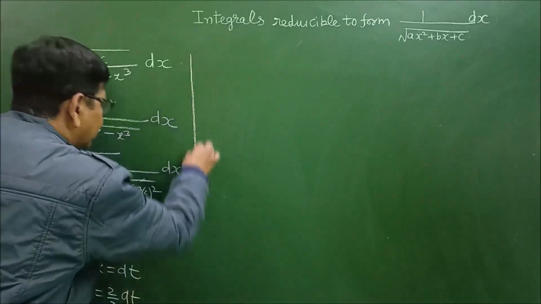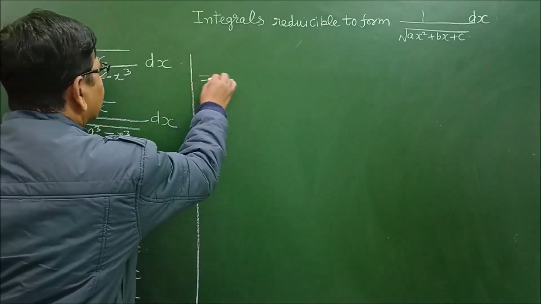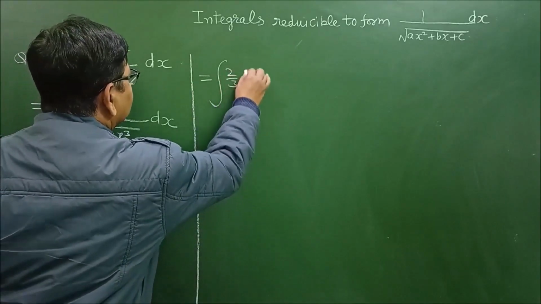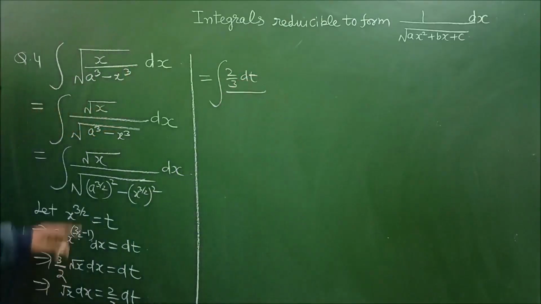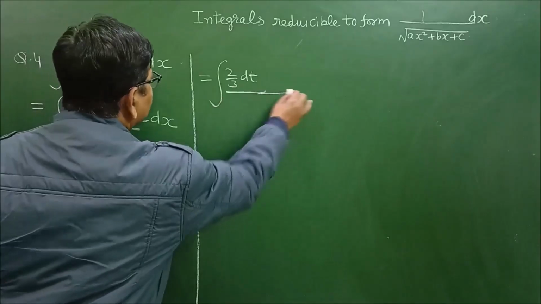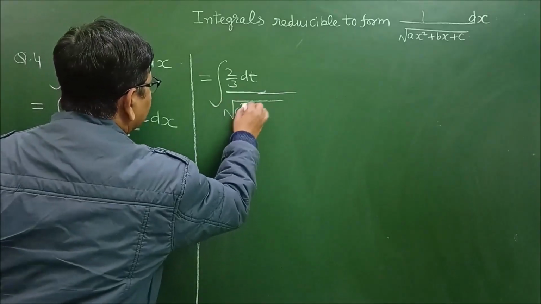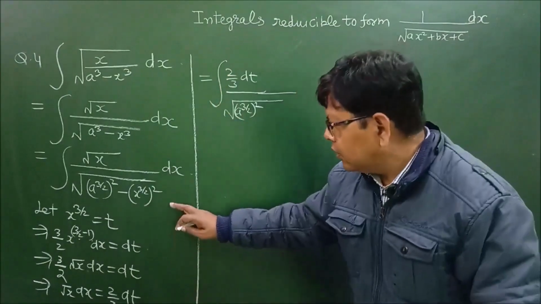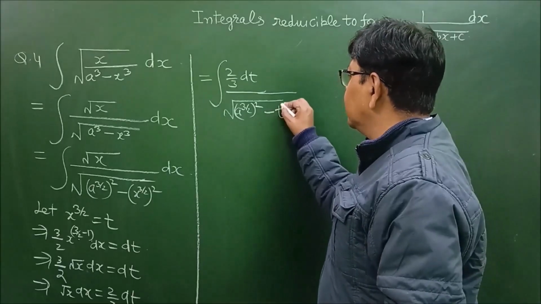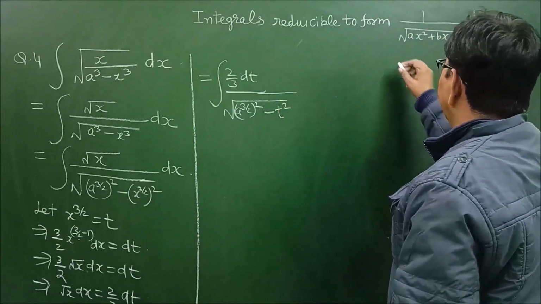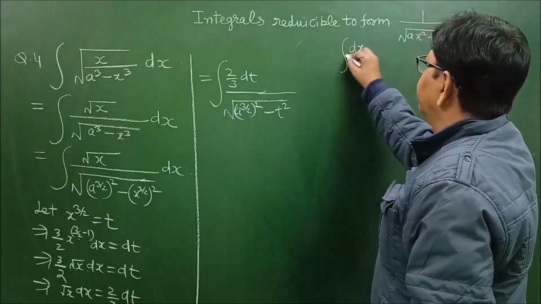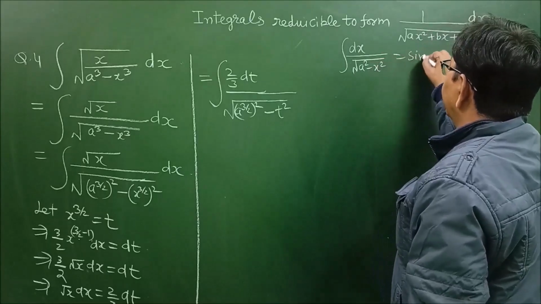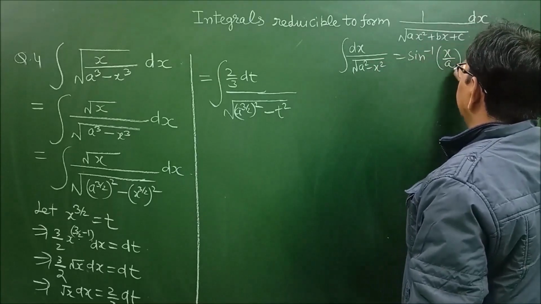So this integral reduces to the integral of 2 upon 3 dt upon under root of (a raised to the power 3 by 2) square minus (x raised to the power 3 by 2, which is t) square, so minus t square. Now this is in the form of dx upon under root of a square minus x square, which is equal to sine inverse x upon a plus c.